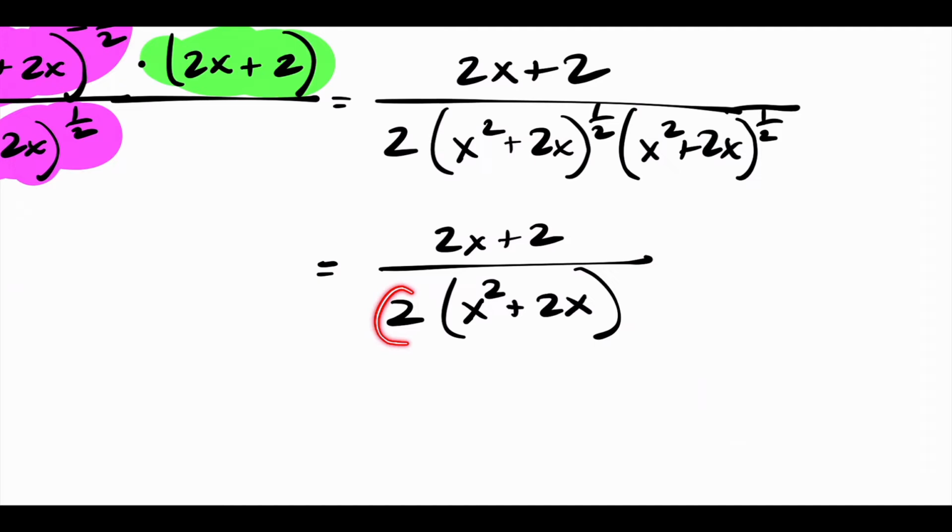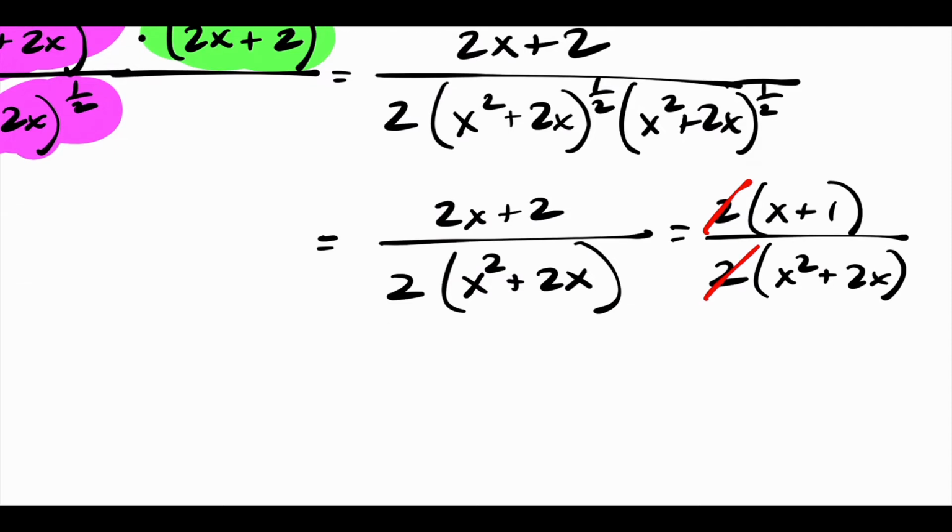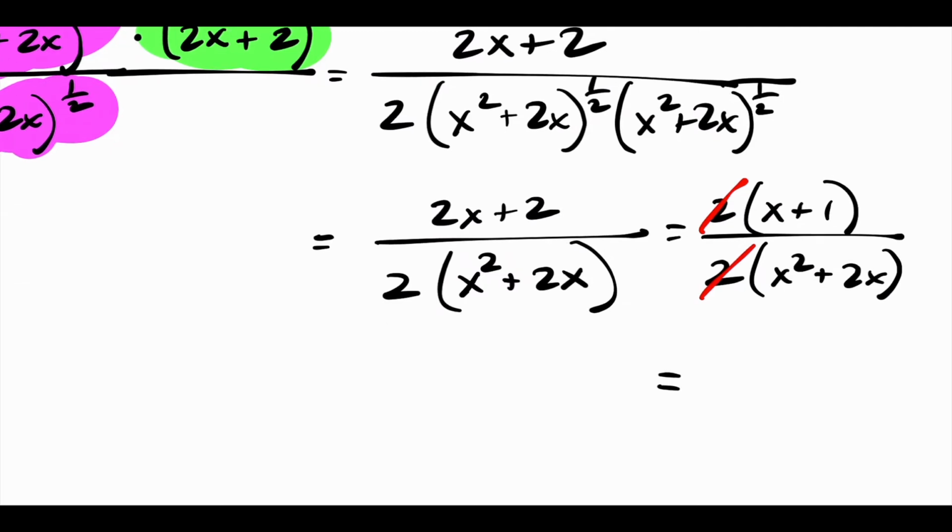You see this 2 here, it's by itself. It's a lone wolf. And I see that I can factor out a 2 here. So let's do that. Factoring out the 2, I get x plus 1 on top, x squared plus 2x on the bottom.